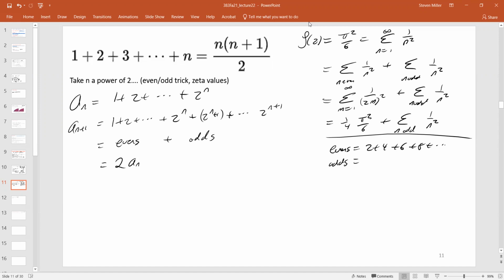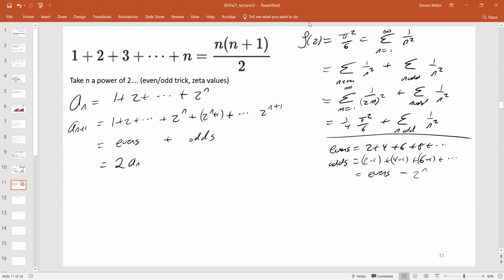I can write the odds as 2 minus 1 plus 4 minus 1 plus 6 minus 1 plus dot dot dot. So it's going to just be the evens minus n. But actually here the number of terms is going to be 2 to the n. So we have 2 to the n terms.